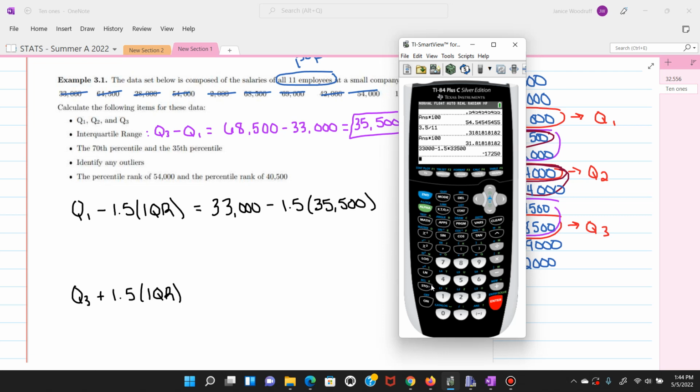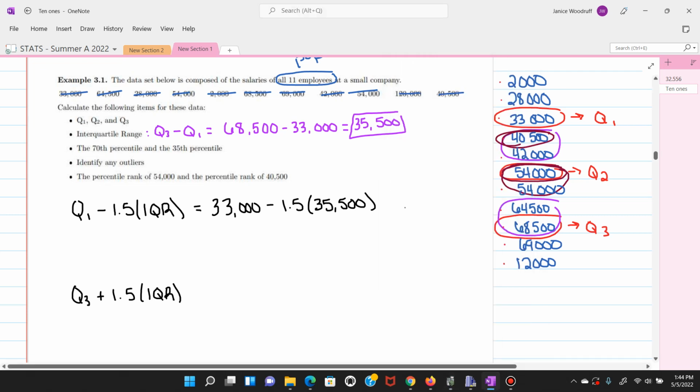I put 33,500, sorry. 33,000 minus 1.5 times 35,500. So the threshold is negative 20,250. Okay, which means you would have to be earning less than that. So it's less than or equal to that value to be an outlier. So 2,000 is not an outlier.